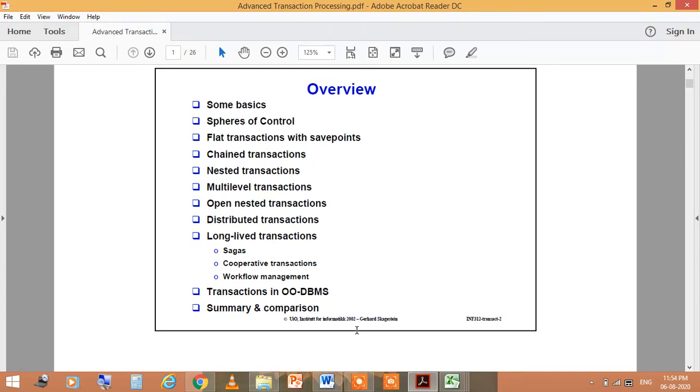In these, I'll cover sagas, cooperative transactions, workflow management. The next is the transactions in the object-oriented database management system. And lastly, comparison and summary.